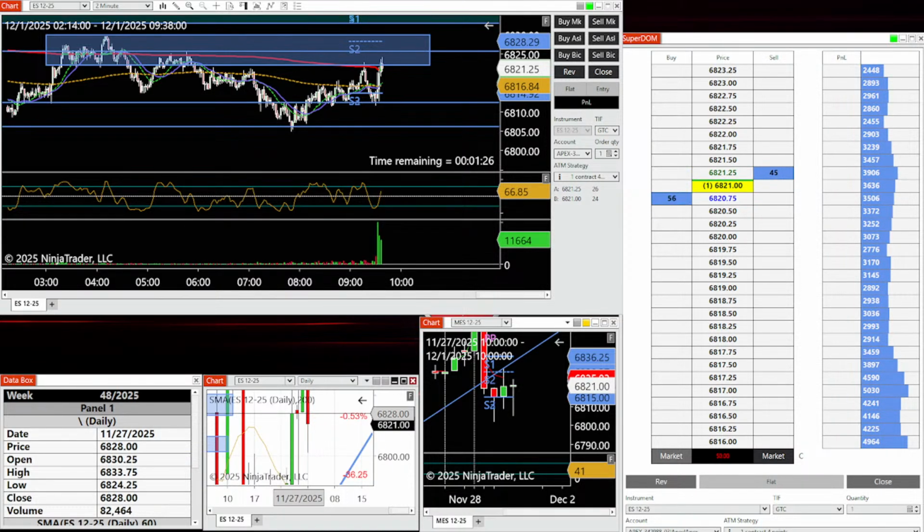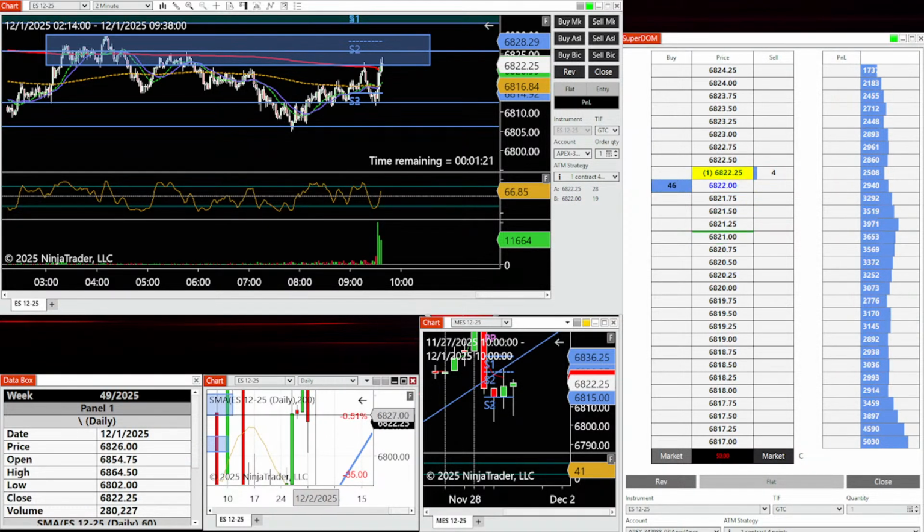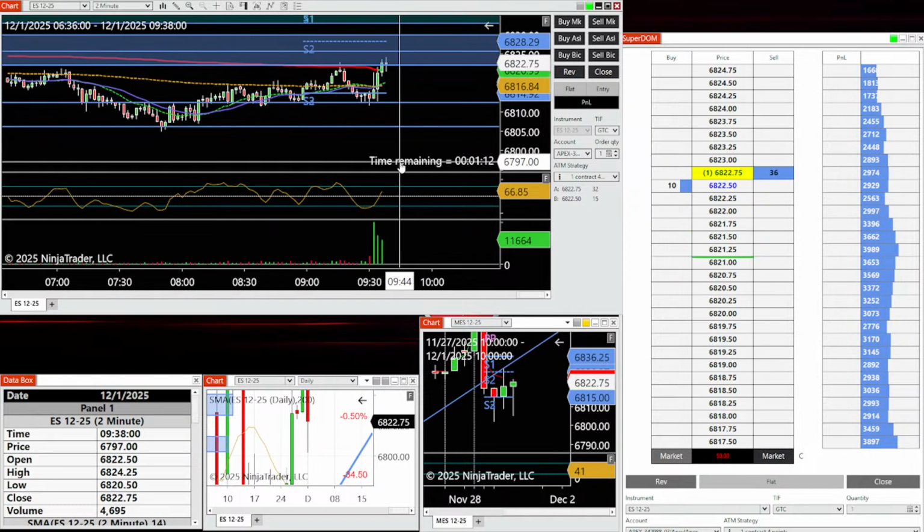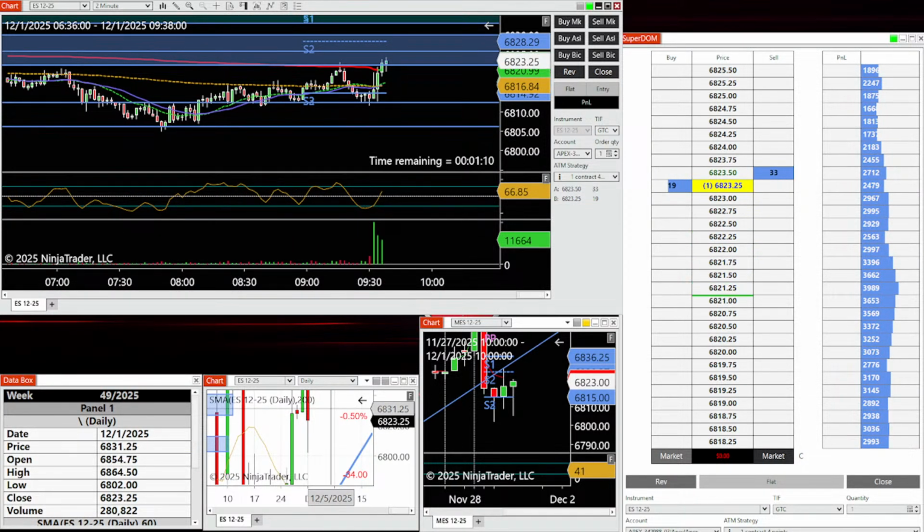And this low 25. That 23 to 25 is a resistance area. From 25 to 28 is that resistance area.